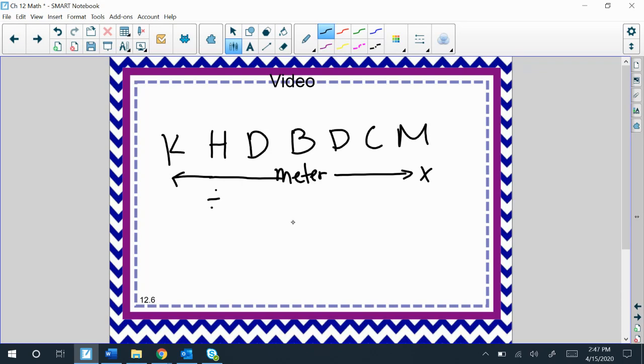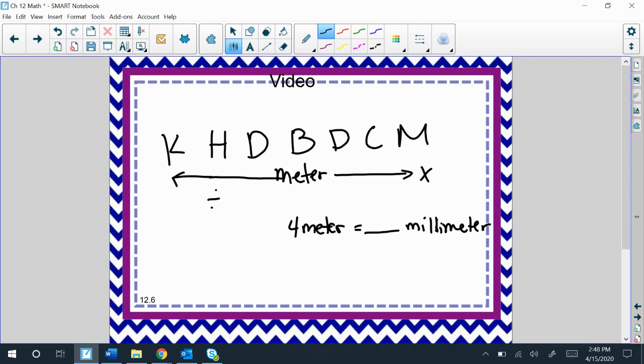Let's say we have 4 meters. And I want to go from meters to millimeters. I'm going to go from my larger unit down to the smaller units.